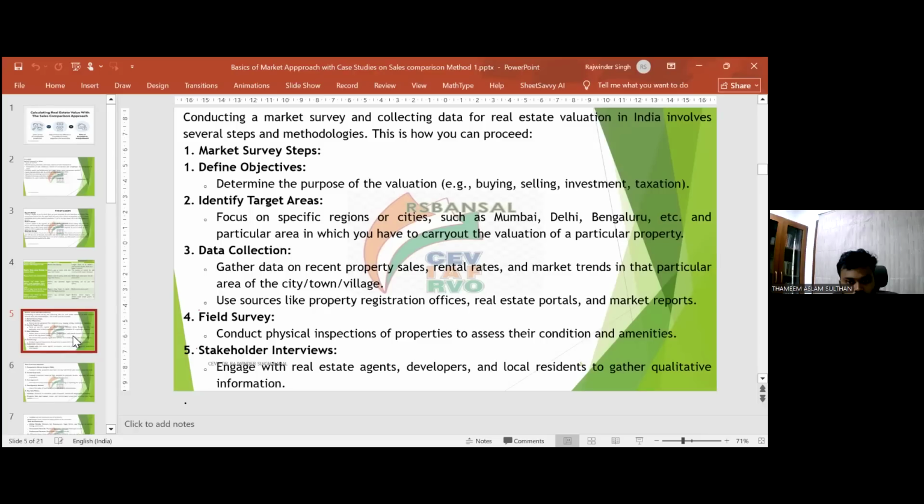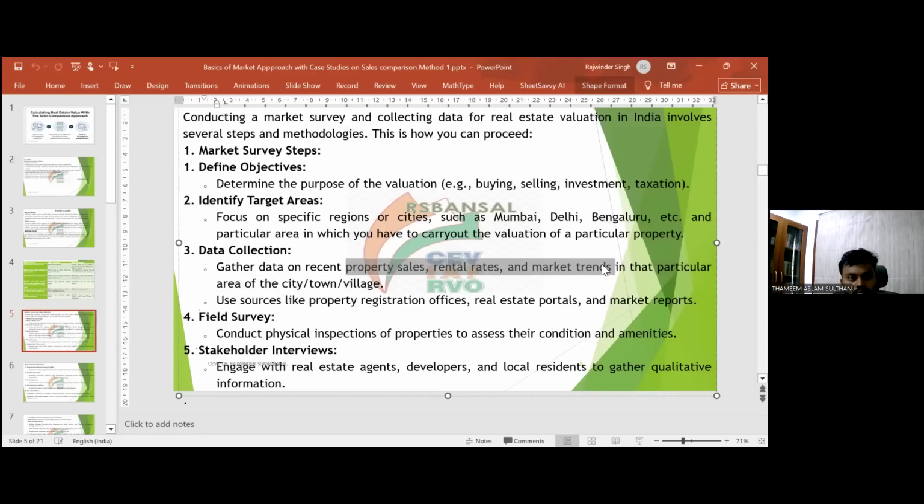Then what data do you have to collect? You have to collect the data on the recent property sales, rental rates, and market trends. These things, at least, you have to collect the data about. Property sales: at what price the properties have been sold. And what is the rent per unit, market rent, rack rent, which we have discussed, of the similar properties.